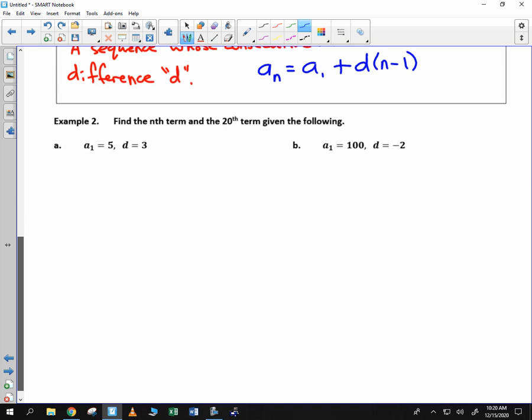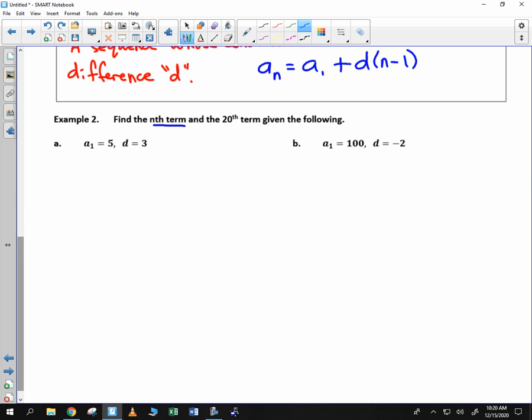It says in this direction, find the nth term and the 20th term given the following. Our first term is 5 and the difference is 3. So if the difference is 3, then these would be your next terms, so on and so forth. So first of all, we have a sequence where we can produce the next terms. It would like us to find the nth term.